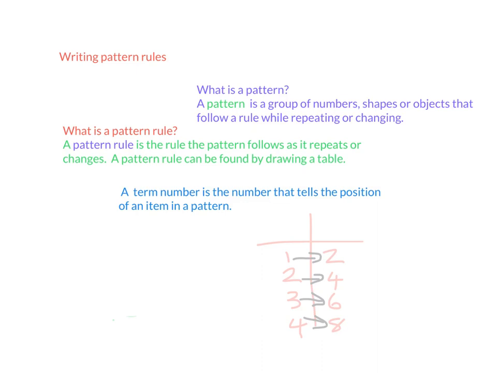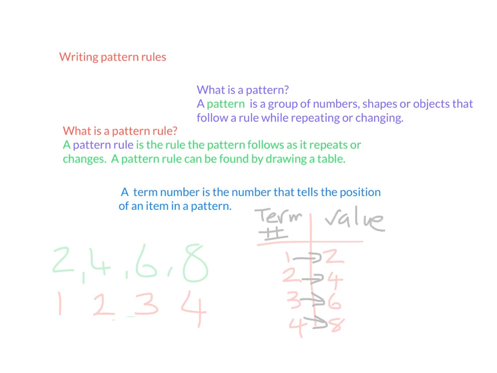When we looked at it in this form, the term number simply says this is the first number that comes, the second number, the third number, and the fourth number. The term number tells us the position of the item in the pattern, and in this case the items in the pattern are values. They are numbers.